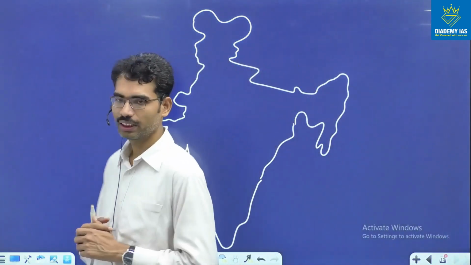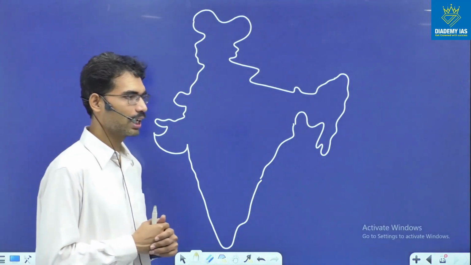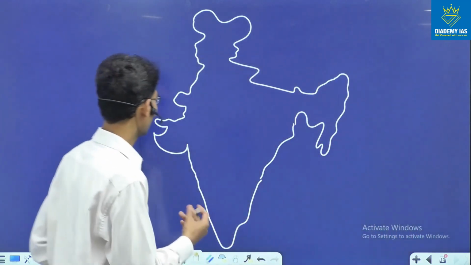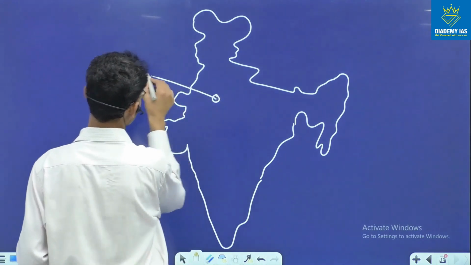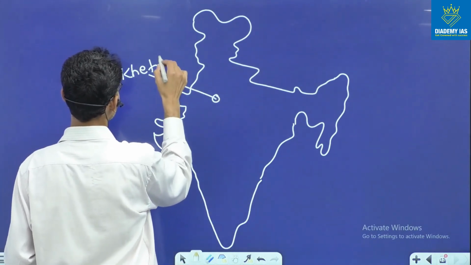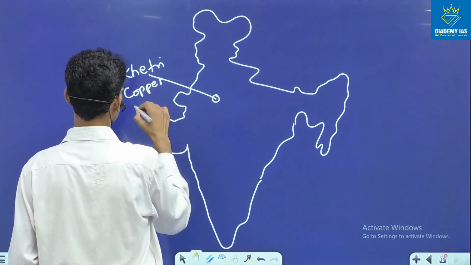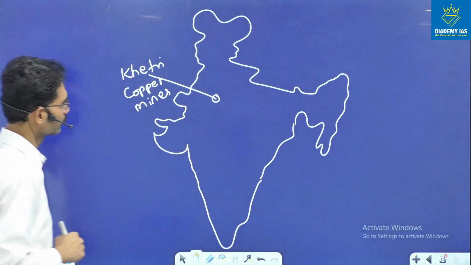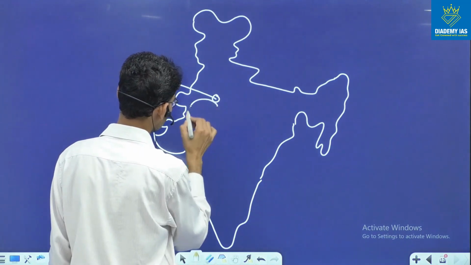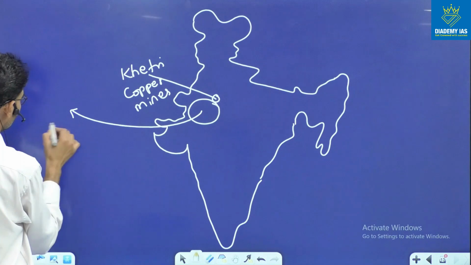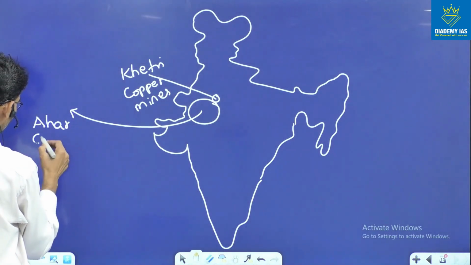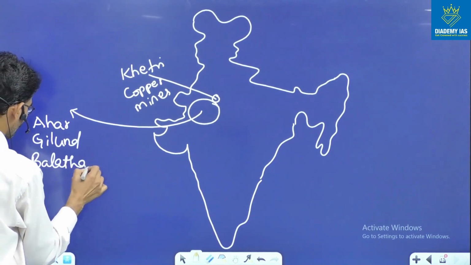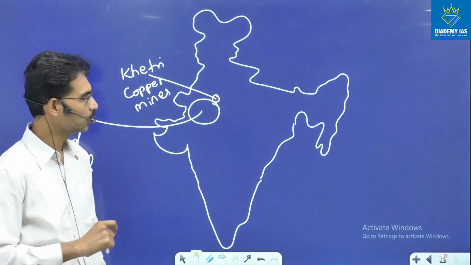In Rajasthan, there is one copper mining center. Do you have any idea? Khetri mines in Rajasthan. Ahar, Gilund, Balathal.